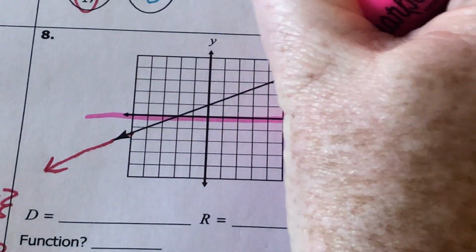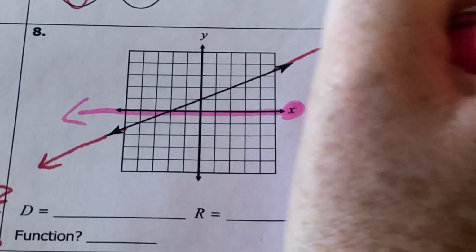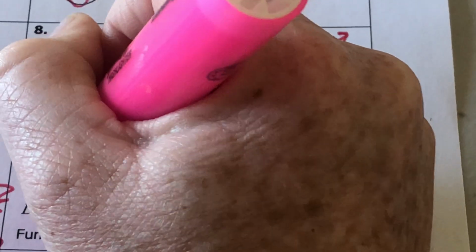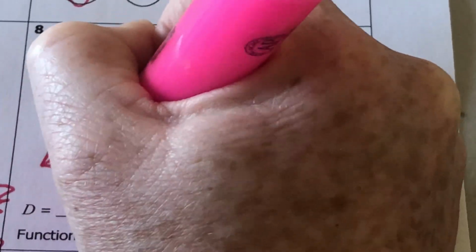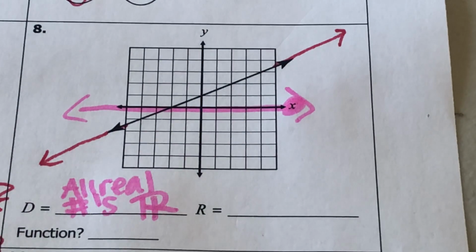So when we do domain, we're thinking about left to right because that's the x-axis, okay? So if it's going all the way left and all the way right, we call that all real numbers. And we give that a double-struck R. Okay, all real numbers, or that R there.